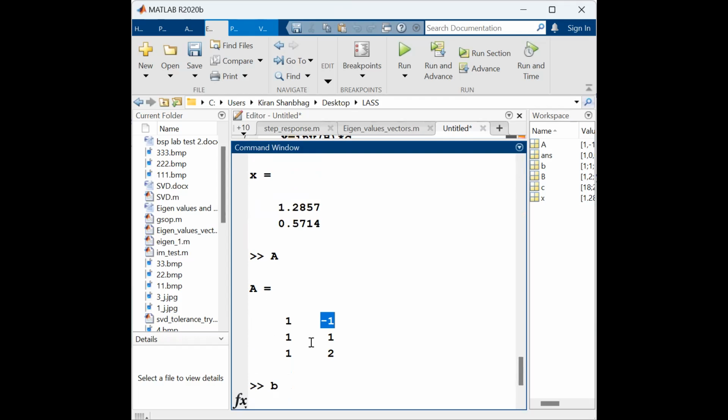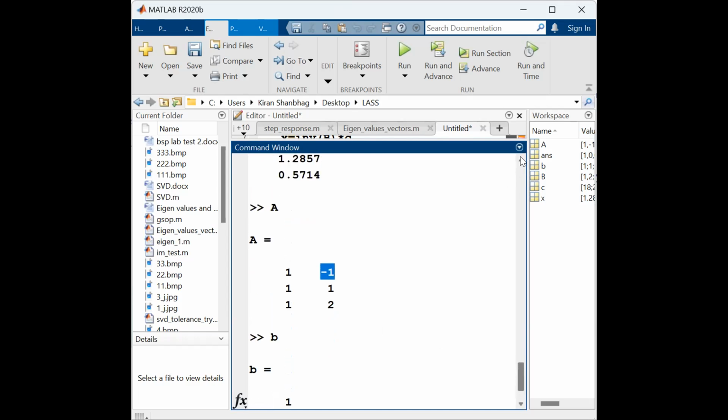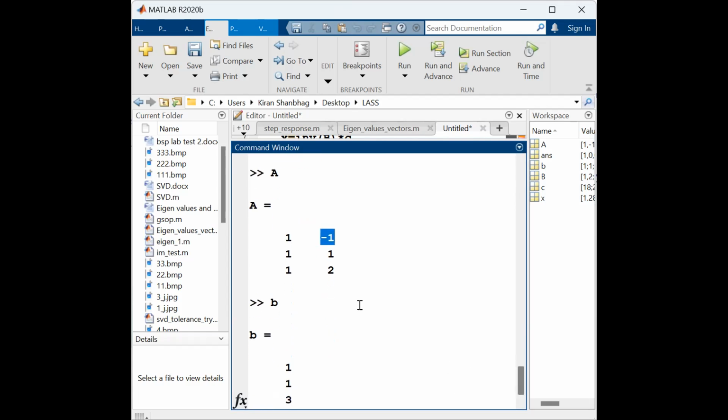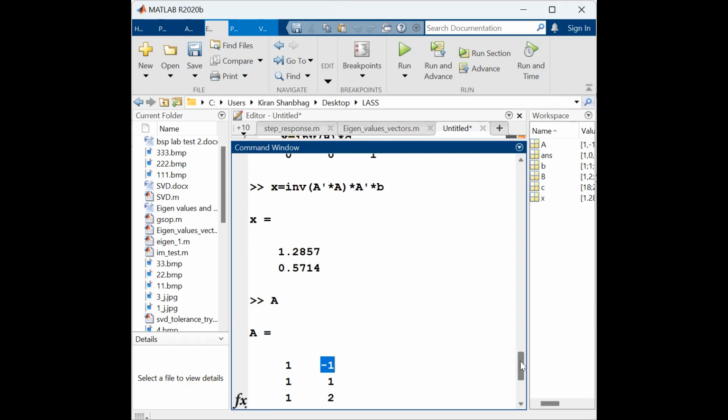No. Is their sum equal to 1? No. What's the third one? 1 plus 2 into, okay. First term multiplied by 1, second term multiplied by 2. Now for the third equation, I think it is sort of there because 0.57 into 2 is almost equal to 1.28.